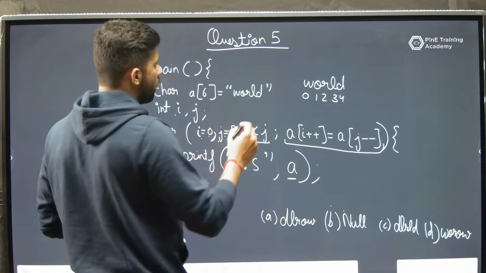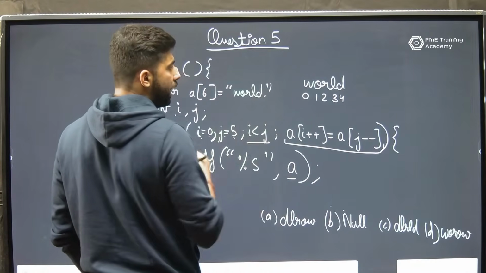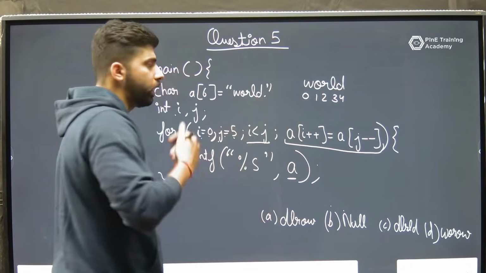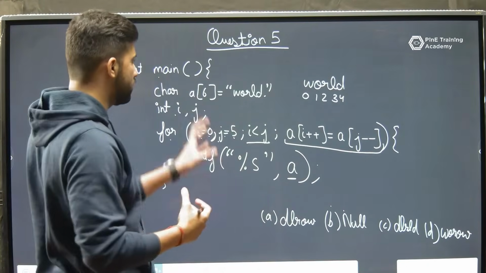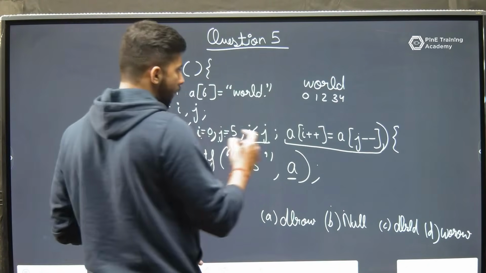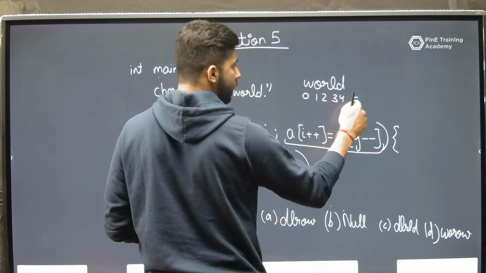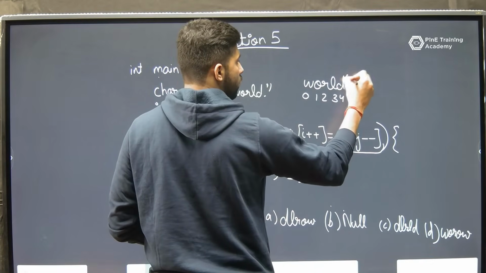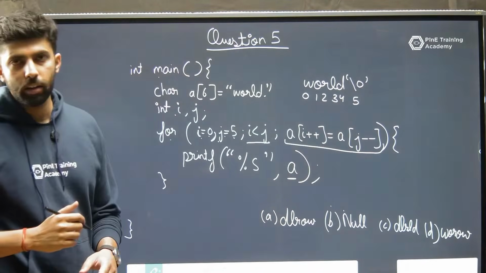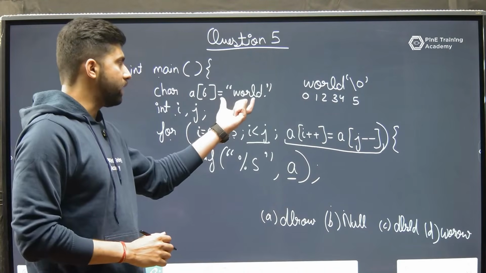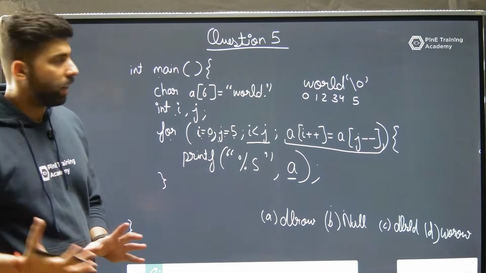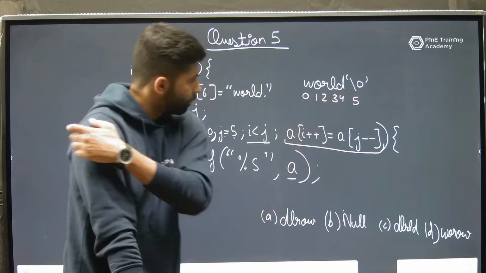That means we have one more character at the end, which we don't need to write ourselves. Even if we don't write that null character, it will be automatically appended at the end.